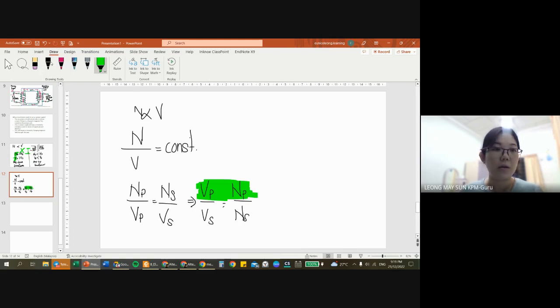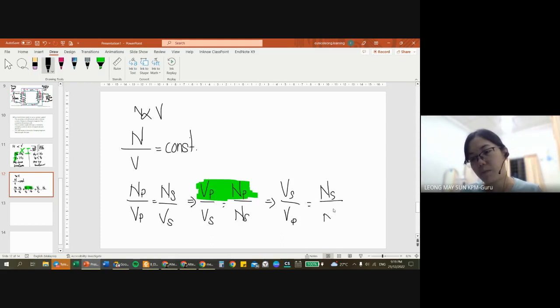No matter how I turn the formula, Vs over Vp equals to Ns over Np. This is also still acceptable. It's still the same formula. It's just rearranging it differently. But just remember the basic of Faraday, number of turns is directly proportionate to potential difference. Okay, so I hope that is clear with you guys.